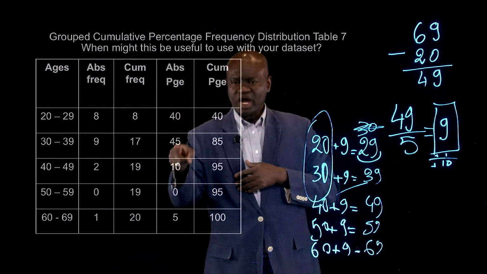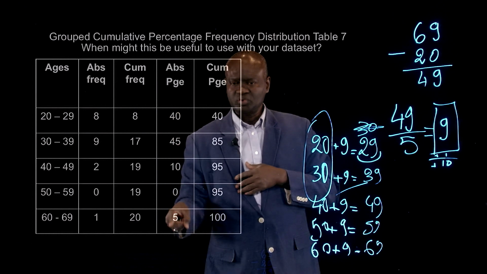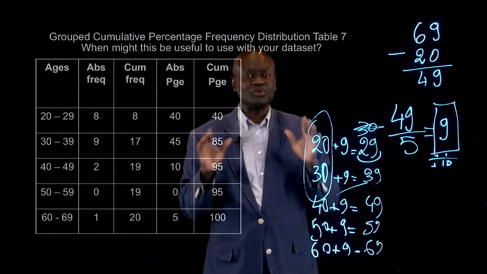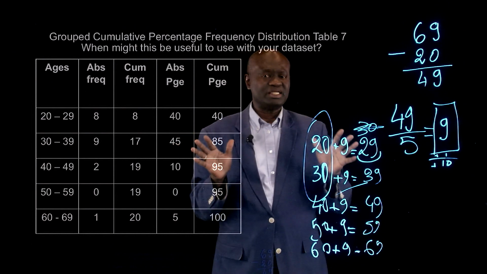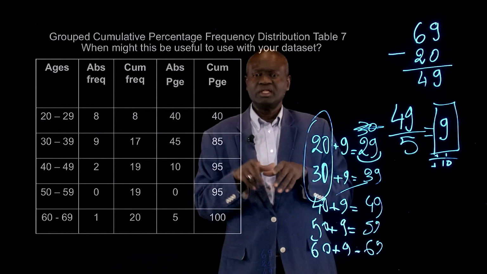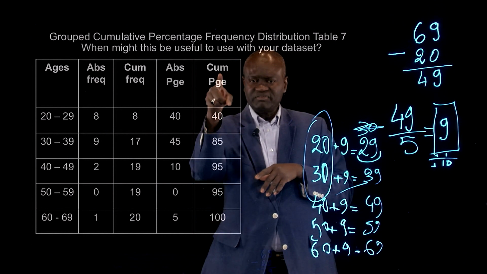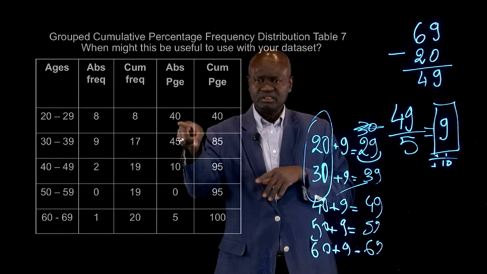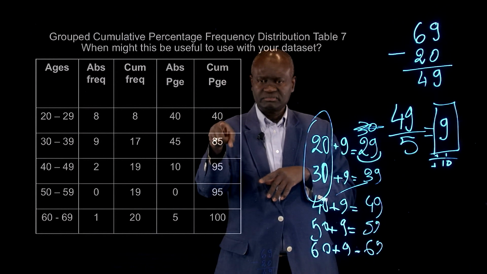So if you add all these numbers and you do not get 100, there is an error. You cannot miss it. You cannot make an error here. If you make an error, you are really not following the process. And then for cumulative percentage, this last column, 40 is reproduced here.